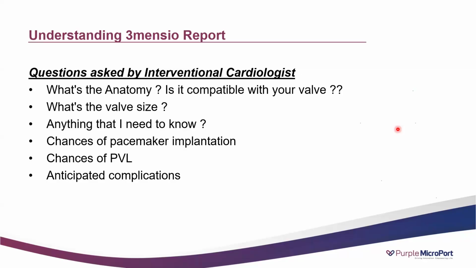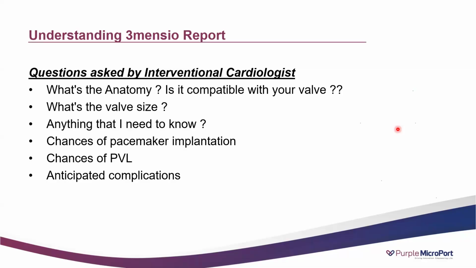Inform your operator well in advance to keep a double chamber or a single chamber pacemaker ready. Or if you feel some portions of the femoral arteries are calcified and the femoral artery may rupture, you have to ensure you keep a covered stent in the cath lab.